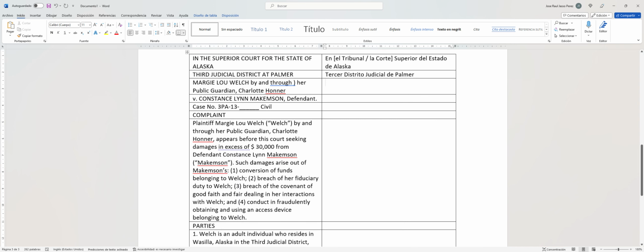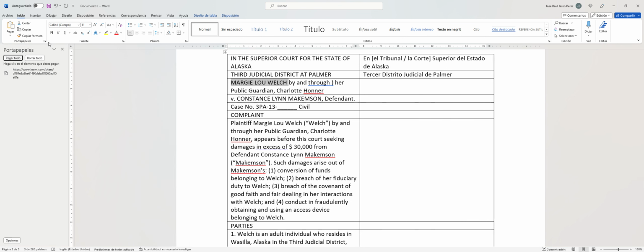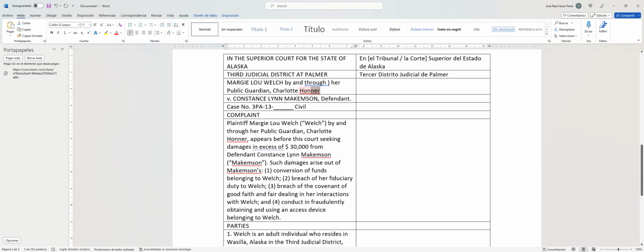Now we have here the plaintiff, Margie Lou Welch, by and through her public guardian, Charlotte Honer. I will just use the same names. So Margie Lou Welch, we will use por y a través de su tutora.